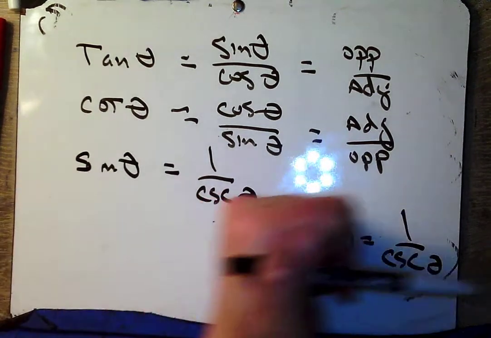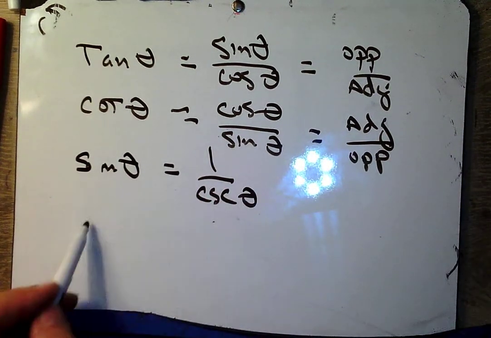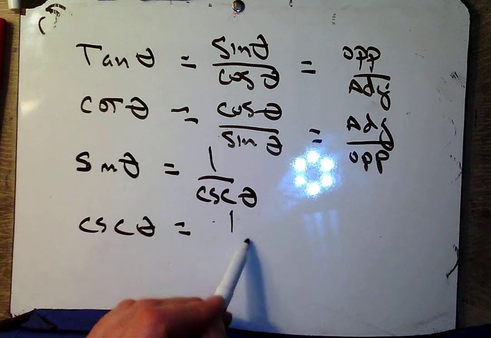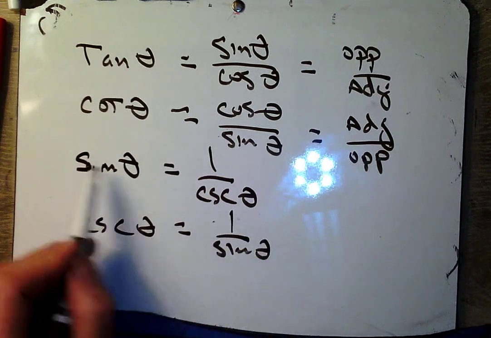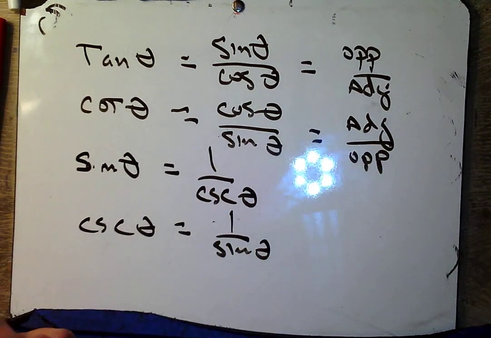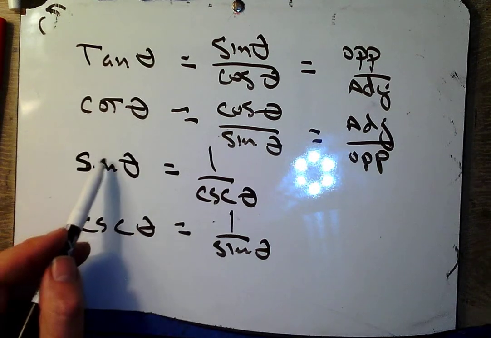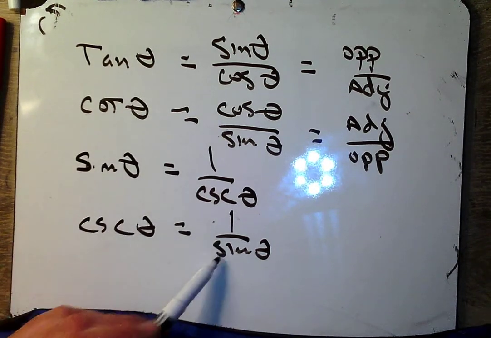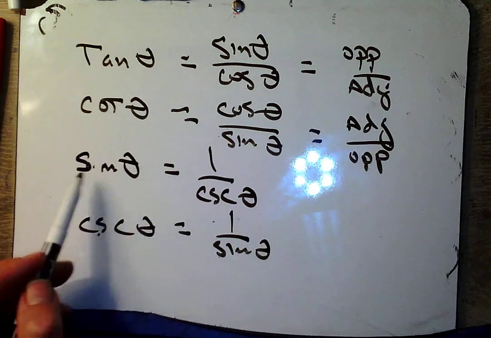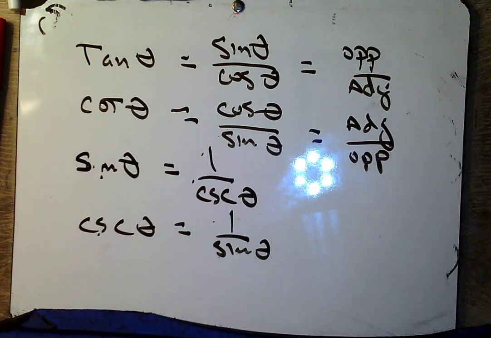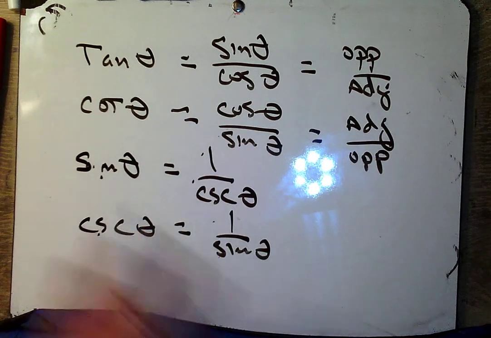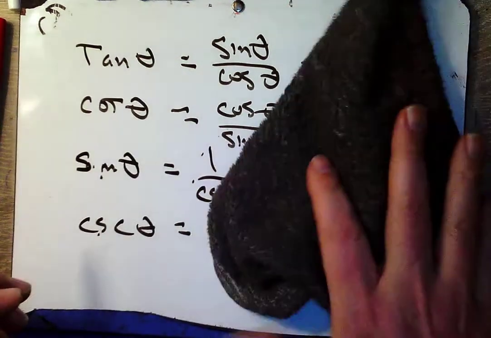Yeah, no, it doesn't work that way. Sorry. Cosecant is the reciprocal of sine, and sine is the reciprocal of cosecant. I'm sorry, 1 over sine is what cosecant is, and sine is 1 over cosecant. Okay, so please keep those straight in your head as well.